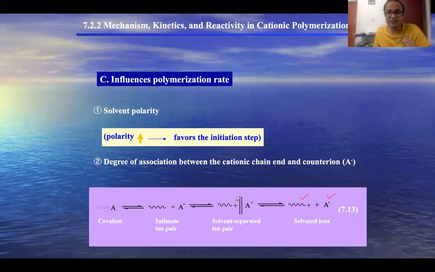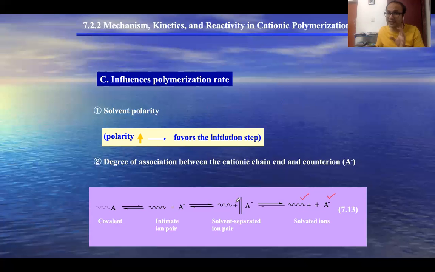So that is why choosing the solvent is very, very important when it comes to ionic polymerization. Ionic polymerization is not as simple and straightforward as free radical polymerization. We have to consider a lot of factors. That is why, in the beginning, I told you that the counterions play a very significant role in affecting the mechanism of the reaction and thereby the rate of the reaction.